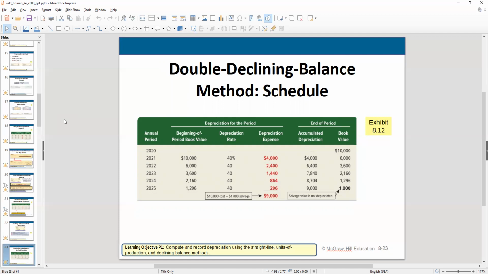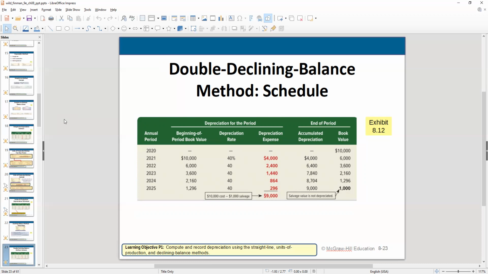Now it's up to $6,400 accumulated depreciation. And we're going to subtract the $2,400 from the $6,000. That gives us a book value of $3,600, which we'll put in the far right column. We're going to carry that over to the first column in 2023 and start the process all over again.